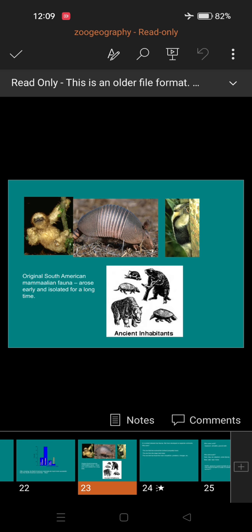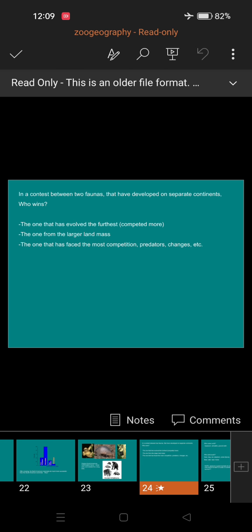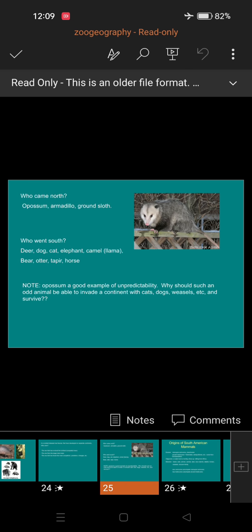The original South American mammalian fauna arose early and was isolated for a long time. In a contest between two faunas that have developed on separate continents, who wins? The one that has evolved the furthest, the one from the larger land mass, the one that has faced the most competition, predator changes, etc. Who came north?